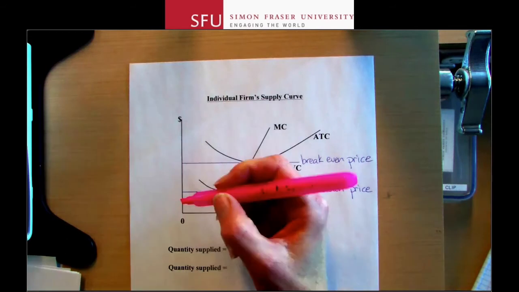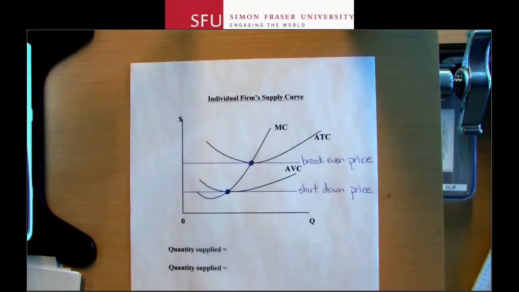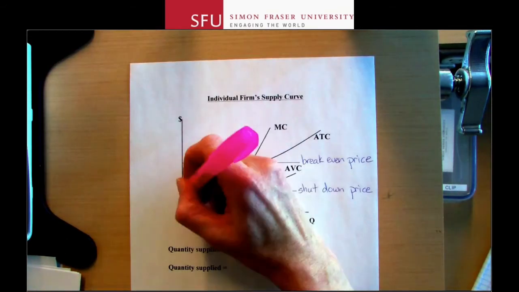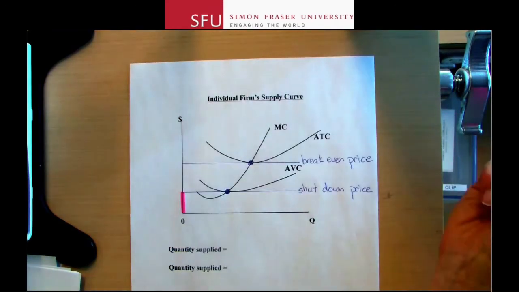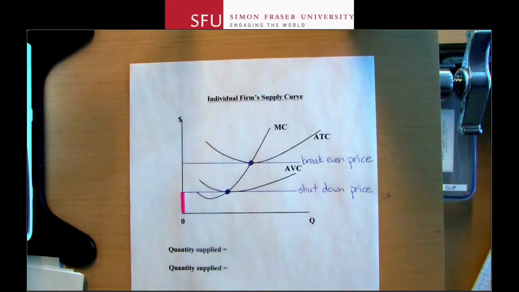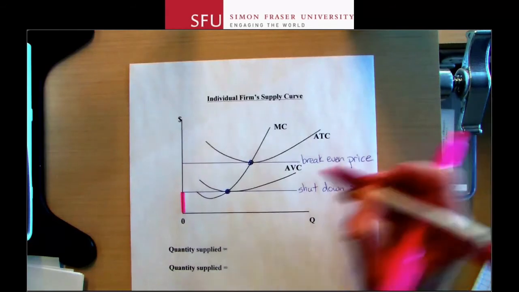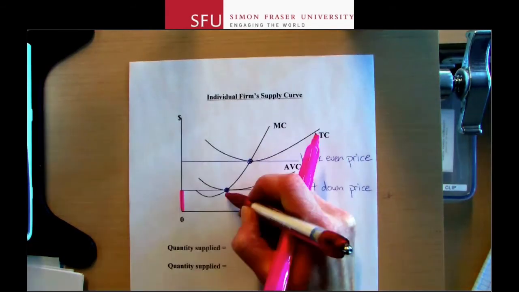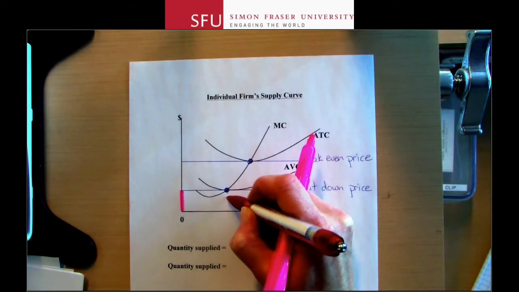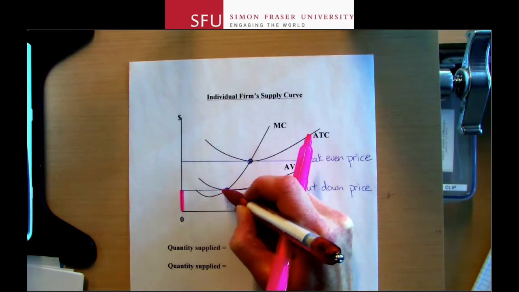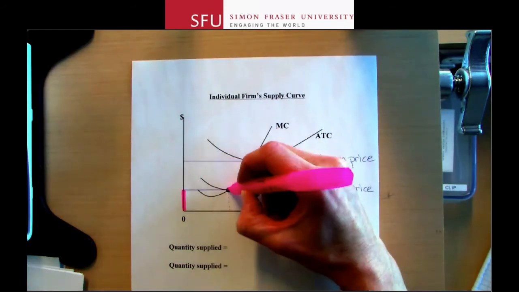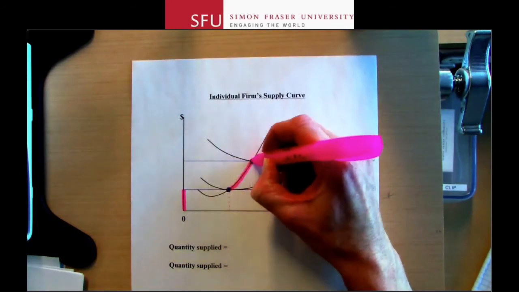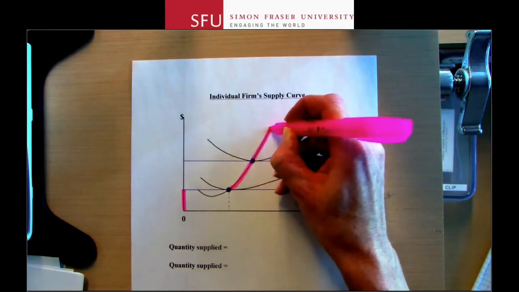And so then the supply curve, first of all, is going to be 0 when the price is below the shutdown price. And then when the price is equal to or above the shutdown price, the firm will begin by supplying this quantity right here, where the price equals the marginal cost. As the price goes up from there, they will produce more and more. So the supply curve will follow the marginal cost curve.